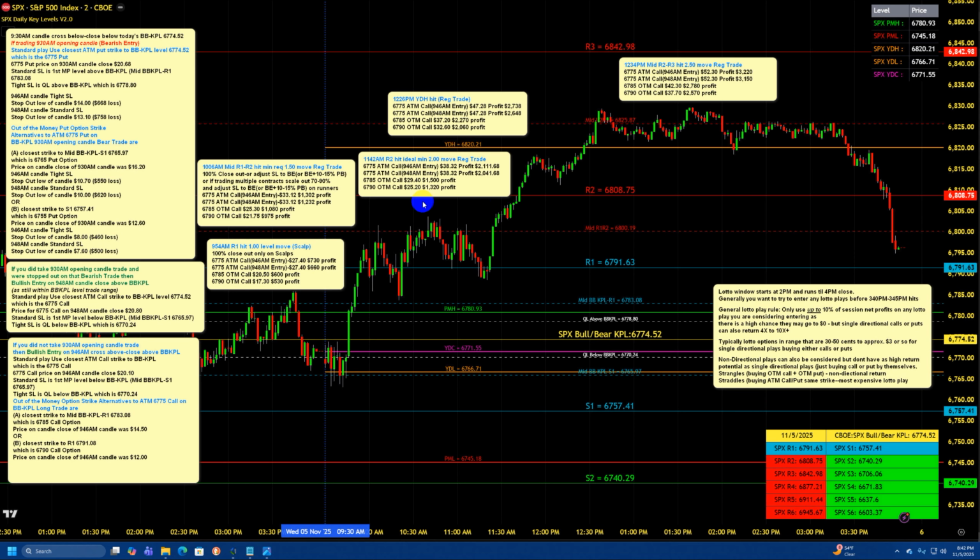All right, so we have the 11:42 a.m. R2 hit, ideal minimum 2-level move. So what they mean by ideal is this is the minimum required 1.5 level move. This is the ideal 2-level move.